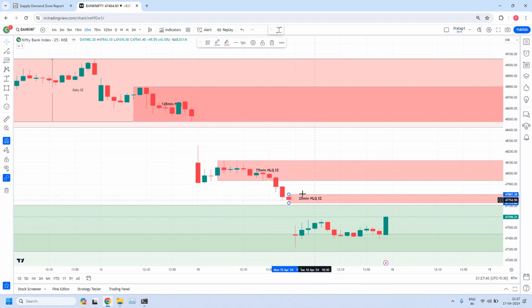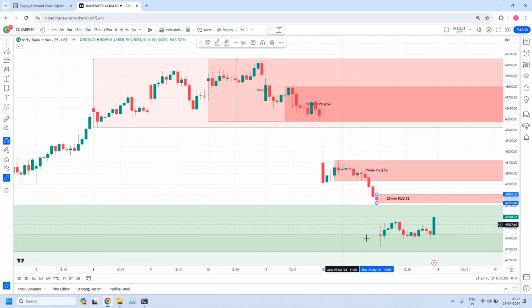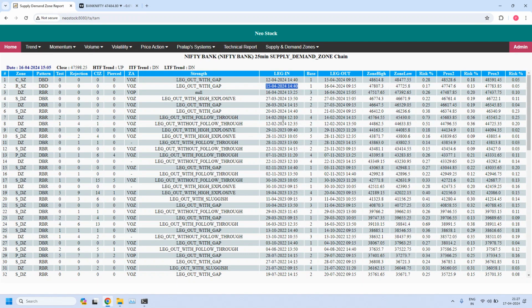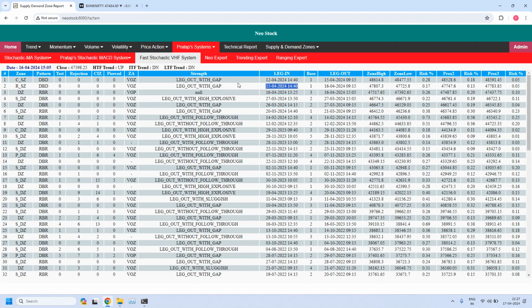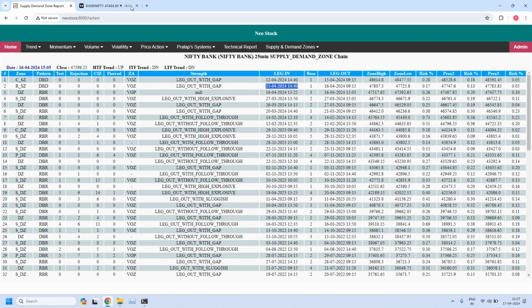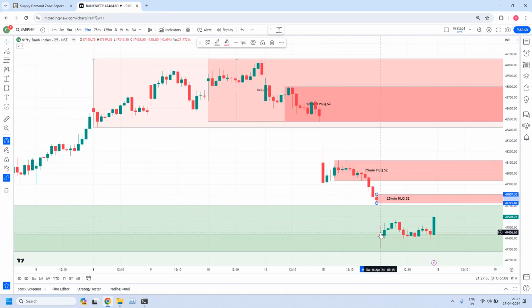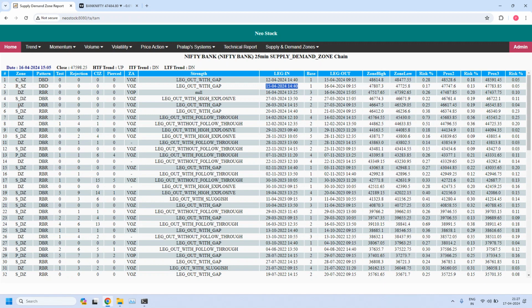But this is not a fine-tuned zone. 15.4, 14.40, 1 base candle. This is 16.4. And the high liquidity demand zone we have is at 27.3, 13.50, 2 base candles.